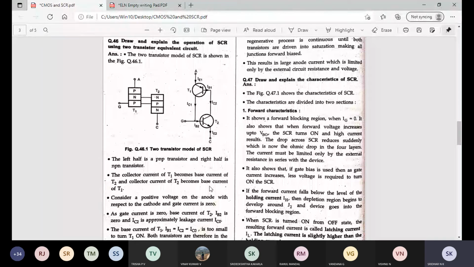This is N, and this is collector. So I'll write here collector, base and emitter.